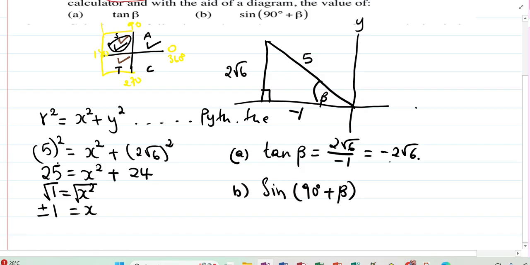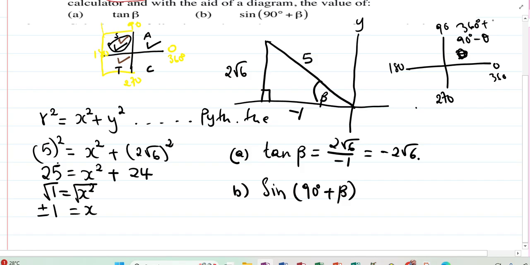Now to solve this equation, I first need to reduce. Now how do I reduce this? I'm sure by now you are familiar with this: 0, 90, 180, 270, 360. Anything in the first quadrant is the angle itself: theta, or 90 minus theta, or 360 plus theta.